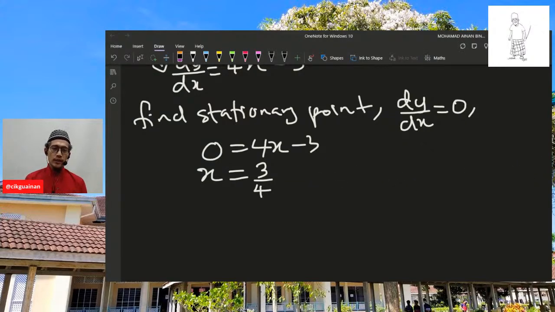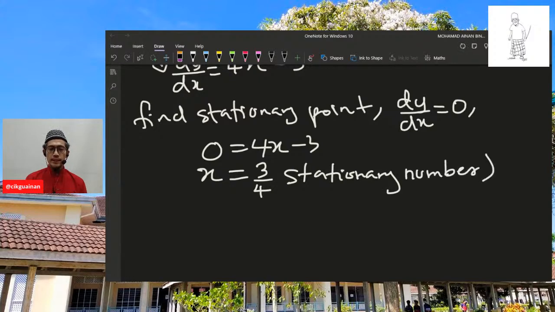This is what we call the stationary number. We get the stationary number when we figure out the value of the variable after we equate the first derivative to 0. Whatever the variable is, whether x, y or whatever.